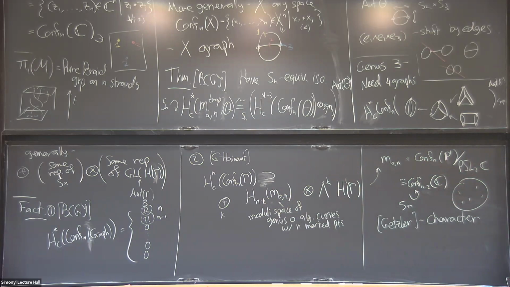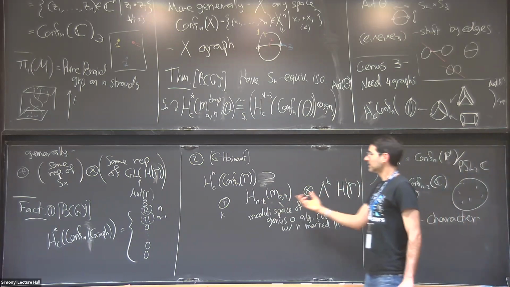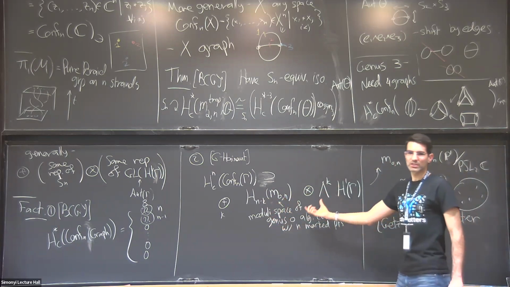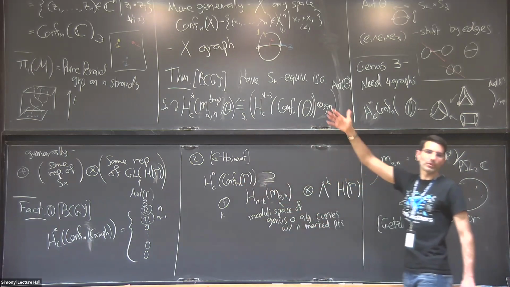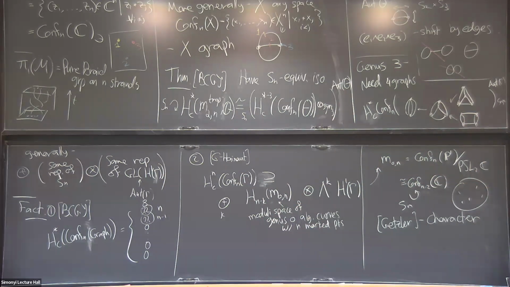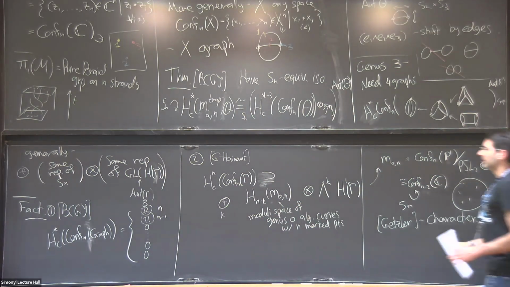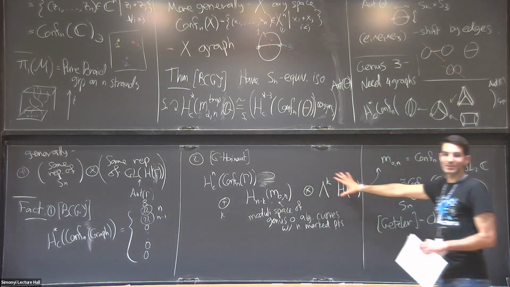So this is nice and familiar. And I find it surprising that something like genus zero algebraic curves shows up in the configuration space of any random graph. It doesn't even matter what graph you have. But that's not all. Any questions about this?